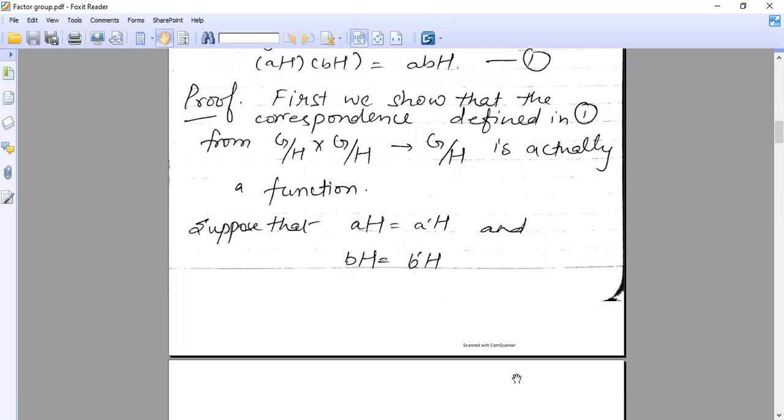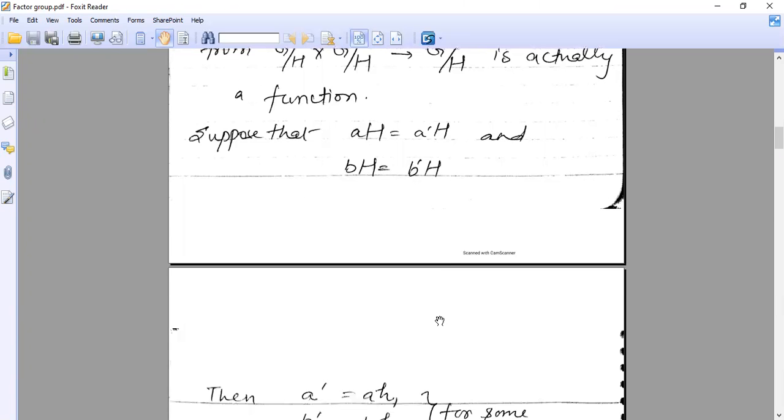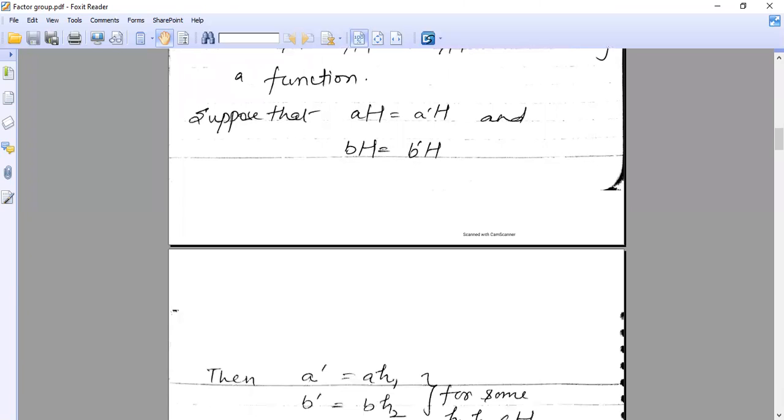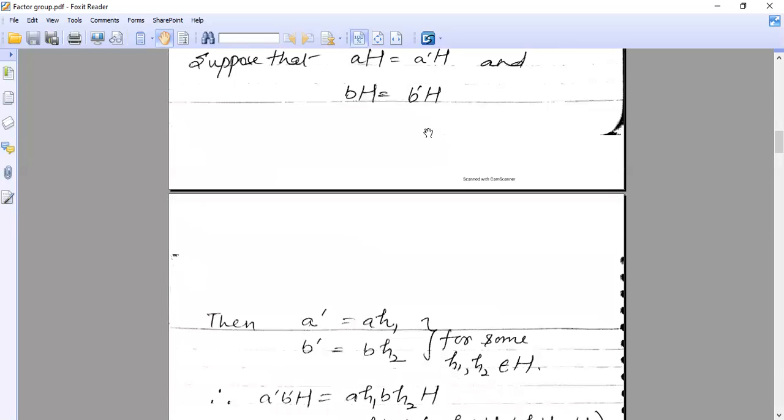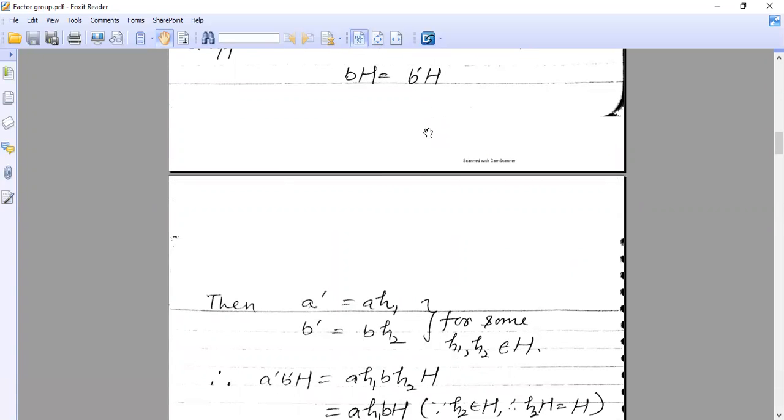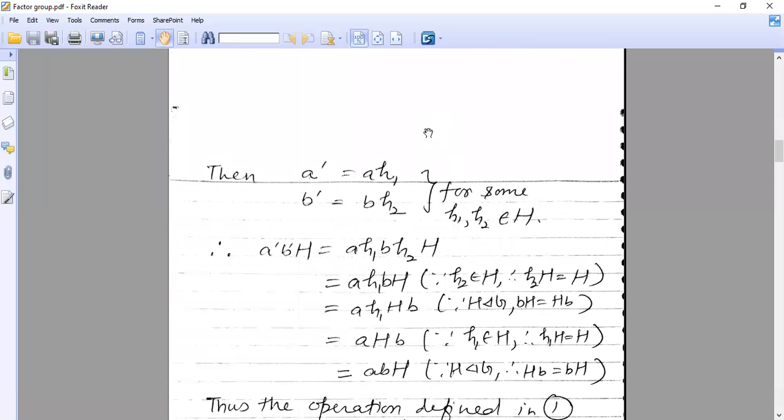So for proving that, suppose that AH is equal to A dash H and BH is equal to B dash H. So if AH is equal to A dash H, that means A dash is equal to A into H1 for some H1 belongs to the subgroup H, and B dash will be equal to BH2 for some H2 belongs to H. Therefore, A dash B dash H will be, now you just substitute the values of A dash and B dash, AH1 into BH2 H.